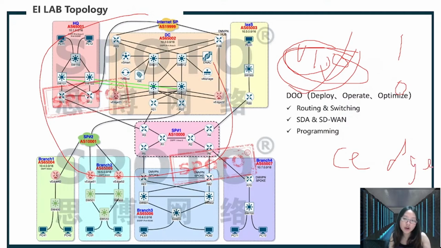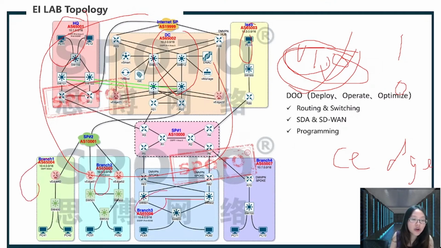Let's briefly look at some of the requirements of the EI Lab. You can see this is the HQ category, and this is about the DC, IaaS, and these are branch 1, branch 2, branch 3, and branch 4, SP1 and SP2.